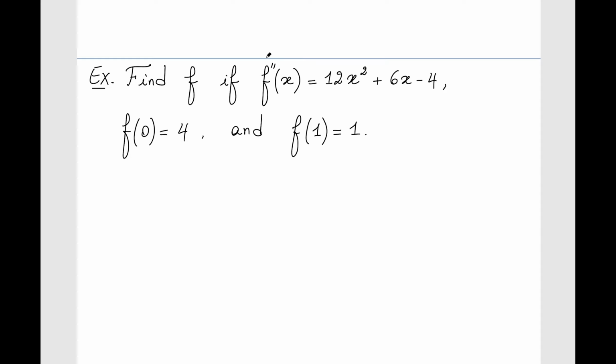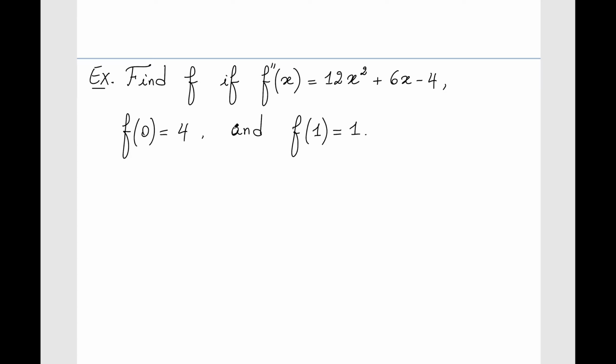I want to find f such that its second derivative is this much, and I have these two verified: f of 0 should be 4 and f of 1 is equal to 4. So these are going to reveal to us the special function that does all three jobs: it solves the differential equation, this initial condition, and this initial condition.